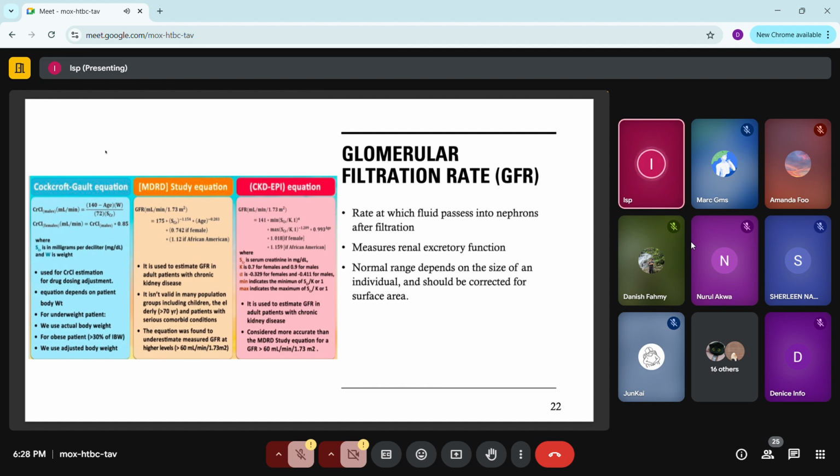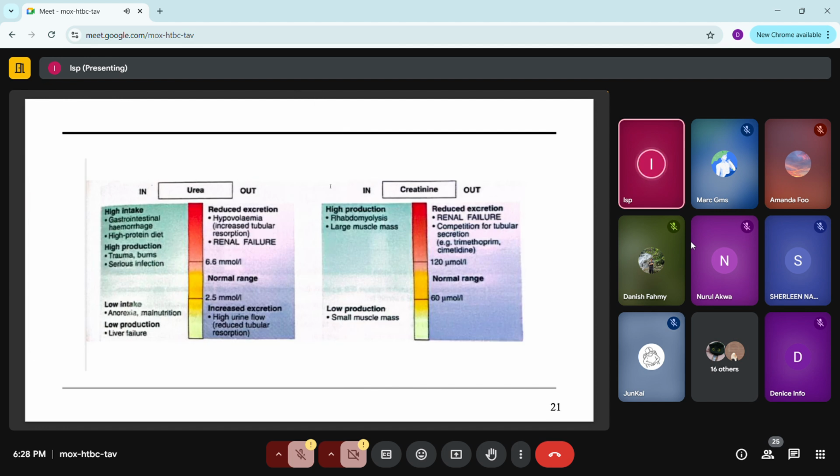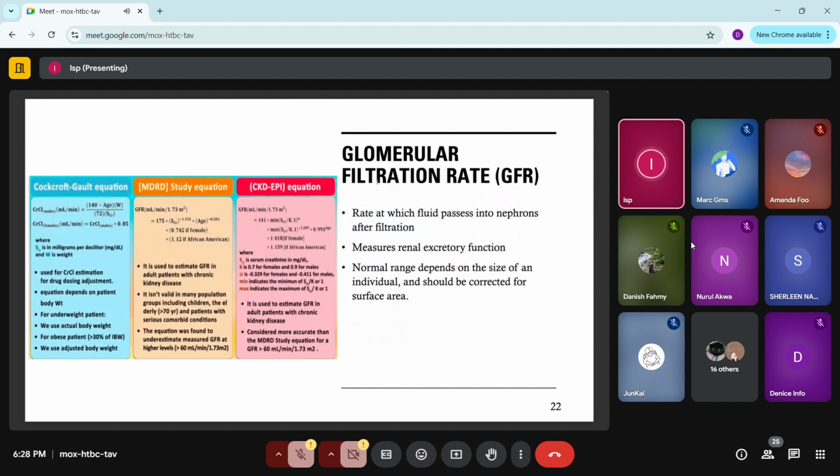There are three different ways, and in our daily ward work we follow the Cockcroft-Gault equation. You do not need to remember the formula. Just remember that creatinine itself is not fully reliable. We measure the filtration rate by formulas.